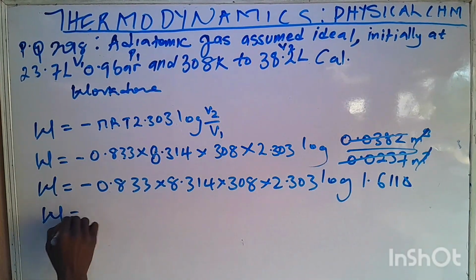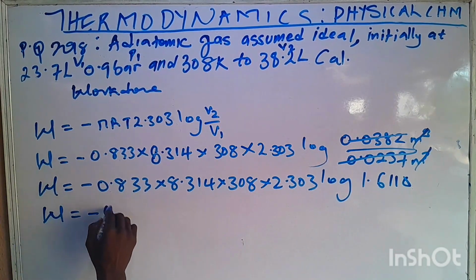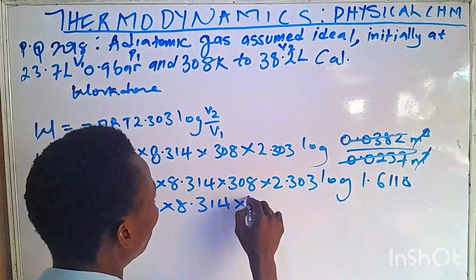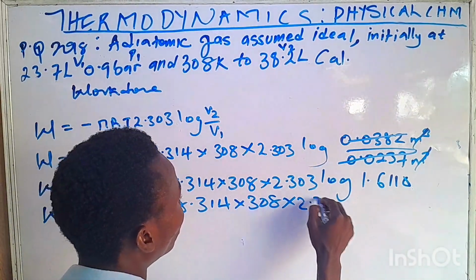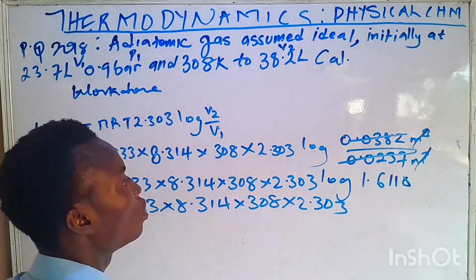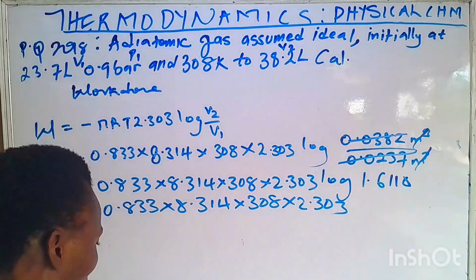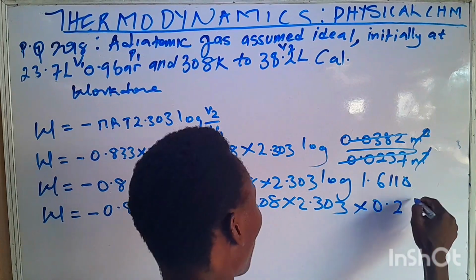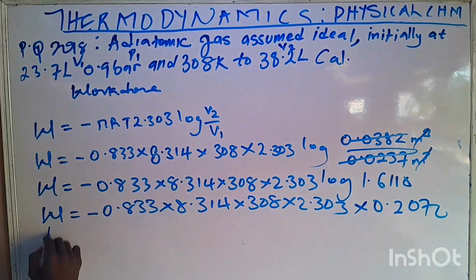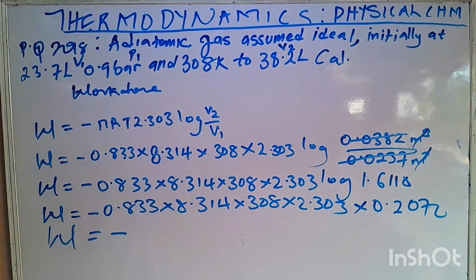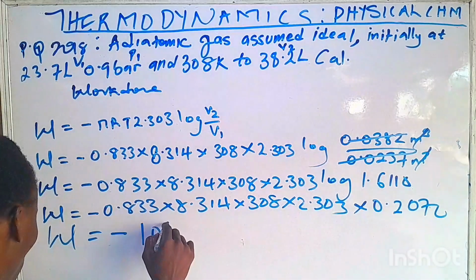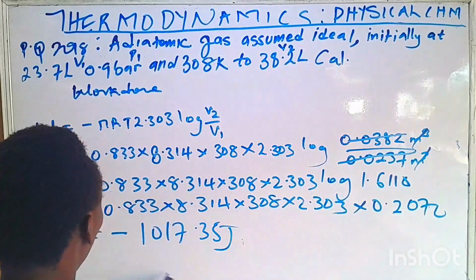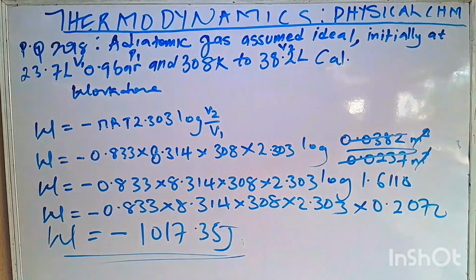So work done equals minus 0.833 times 8.314 times 308 times 2.303. So log of this one, what would that give you? That will give you times 0.2070. Multiply all of them together will give you negative 1017.35 joules. So that is how to calculate the work done.